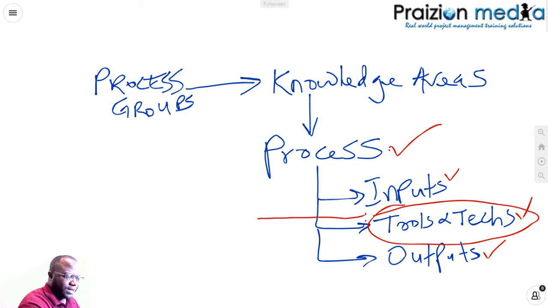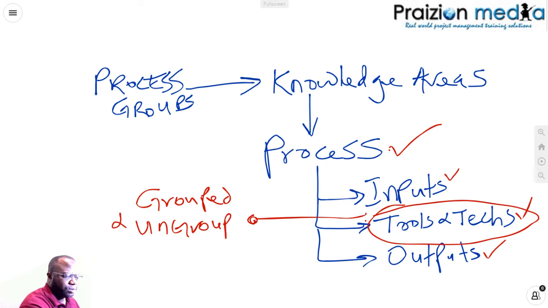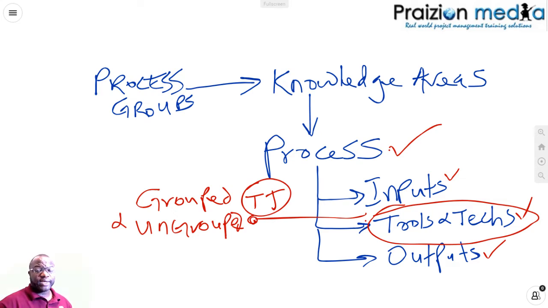The major change here is they are now grouped and ungrouped tools and techniques in the PMBOK guide.